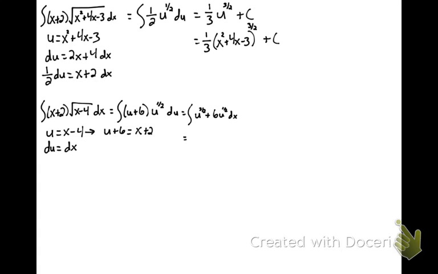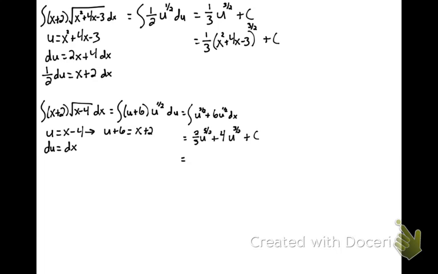That's equal to 2/5 u to the 5/2, plus, that would be u to the 3/2, and 2/3 times 6 is 4, plus c. And finally, to finish the problem, we convert everything back to x.